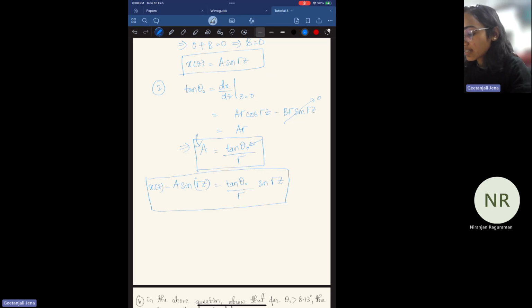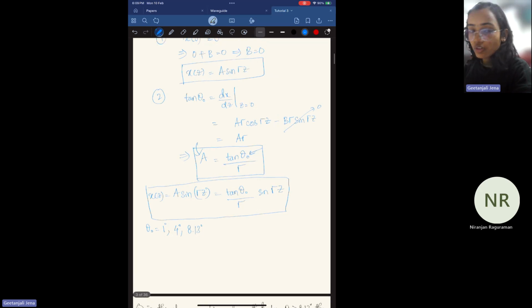Now the question is asking about the amplitude of the ray when theta 0 is 1 degree, 4 degree, and 8.13 degree.